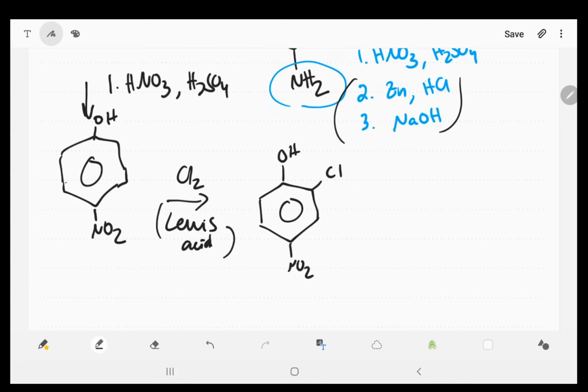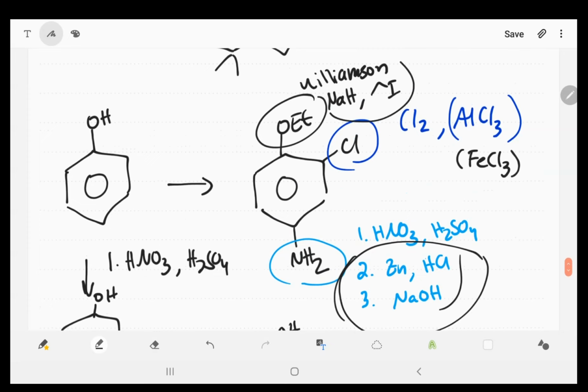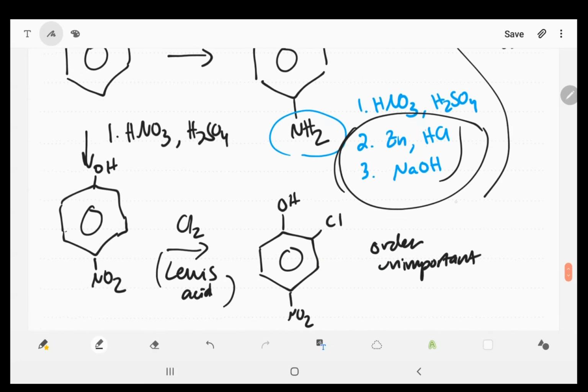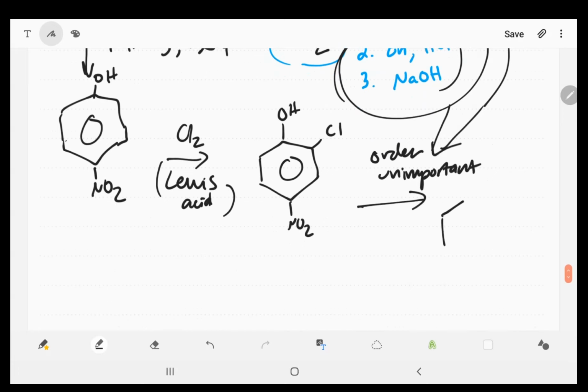And the rest doesn't matter, because we're just reducing or changing things that are already on our ring. So whatever you do next, we've got the reduction and our Williamson. Those two bits can go in whichever way you like, and then we can end up with our product.